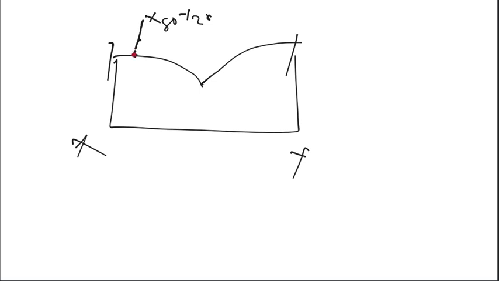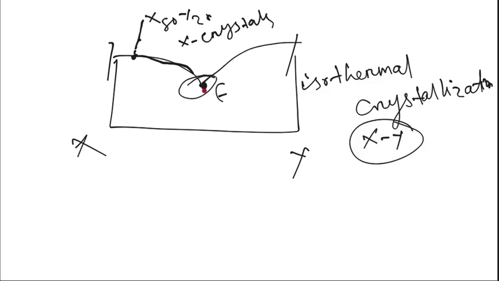At this point, X will start crystallizing, and it will continuously crystallize X crystals until point E. What was happening? Anyone? So here X and Y will crystallize simultaneously.